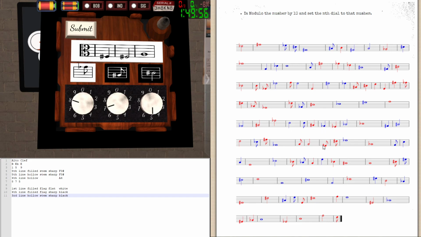I want a sharp, but that one has a flag. I hope it's not. Oh boy, it's all the way over there. Alright, so I gotta go from here to there and count depending on what the background is. If it is white, we gotta count all the red notes in between. If it was black, we count all the blue notes in between. In this case, it's white, so we're gonna count all the red notes.